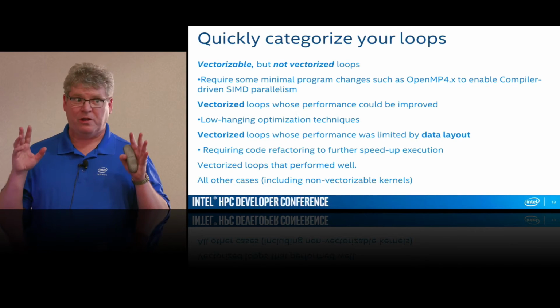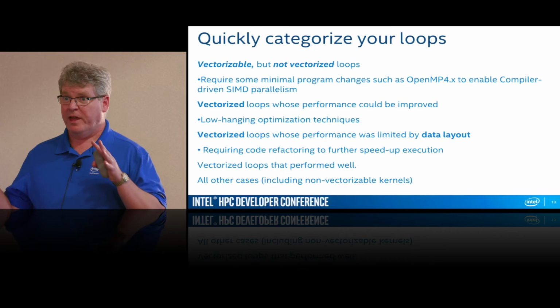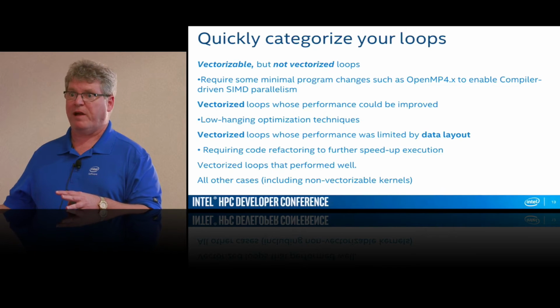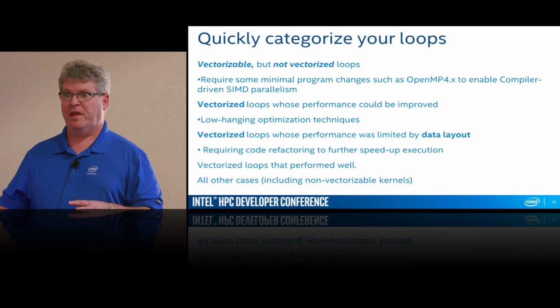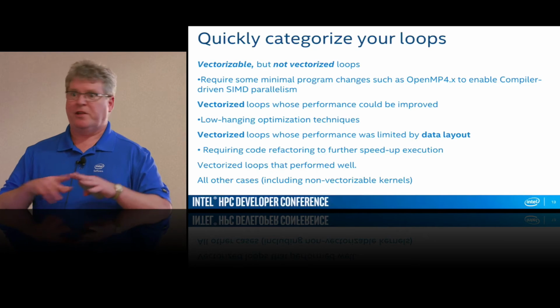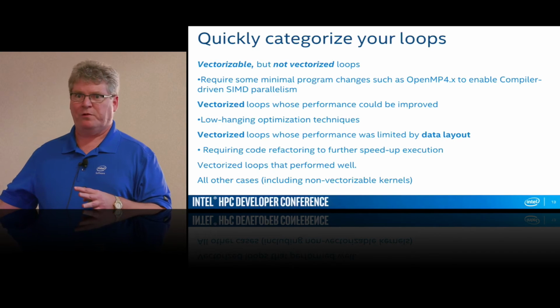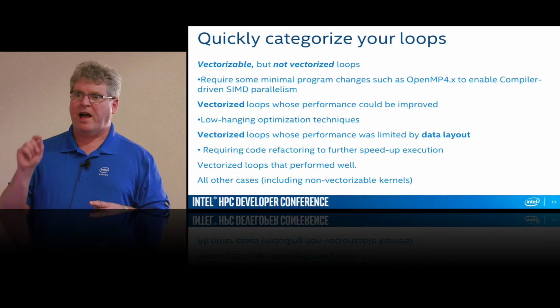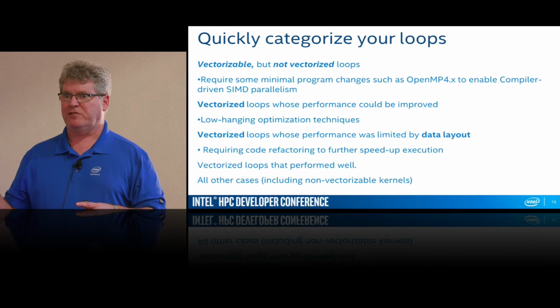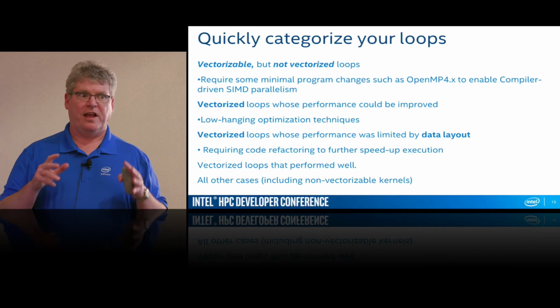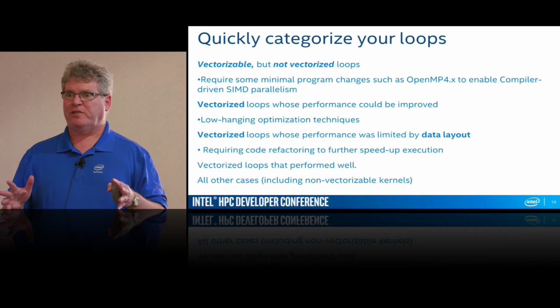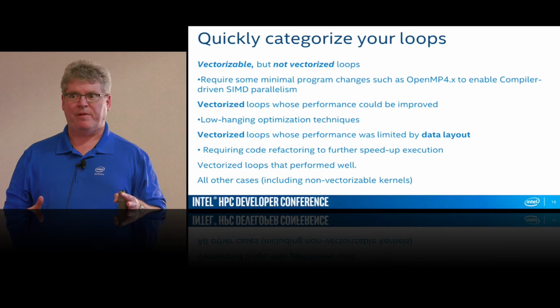The compiler will trust you, and it will do exactly what the directive says: vectorize this code. If you have a reduction in your loop, it doesn't matter. It will take your word that it's safe. IVDEP isn't that blunt an instrument. IVDEP will basically say, I understand you want me to vectorize this code, and I'll try to make it happen.